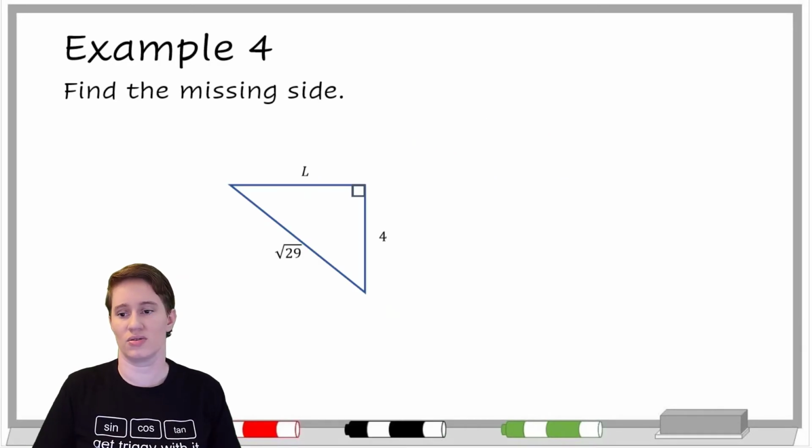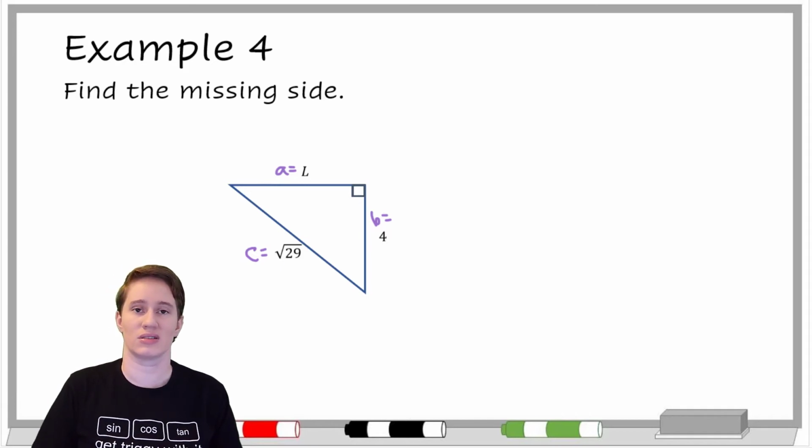Alright, here we've got another triangle with a leg missing, and this time our hypotenuse is square root of 29, which may seem like a weird thing to have for a side length. But if you think about it, very few things actually will work out for this right triangle relationship to be perfect squares for all three sides.